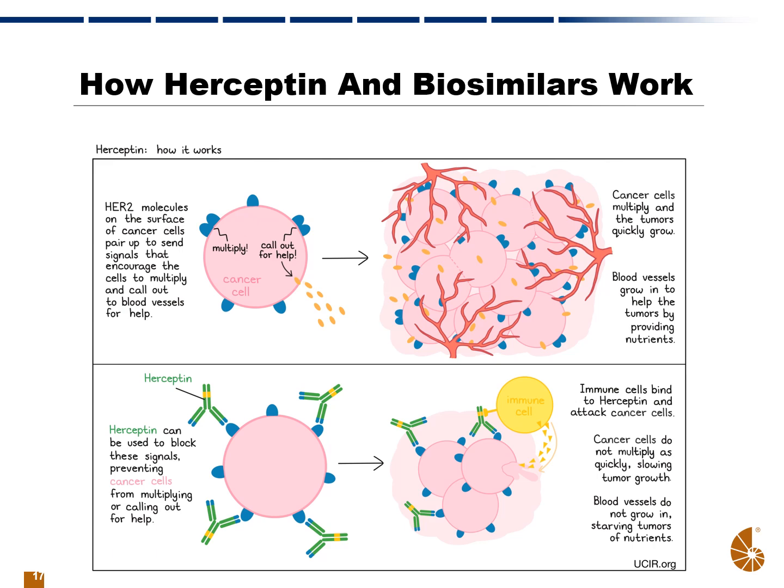So what does the Herceptin do? It can block these signals for multiplying and calling out for help. So those Ys attach to the receptors and they block this from happening. So hopefully they slow the growth or block the growth of cancer cells. So hopefully this is helpful.